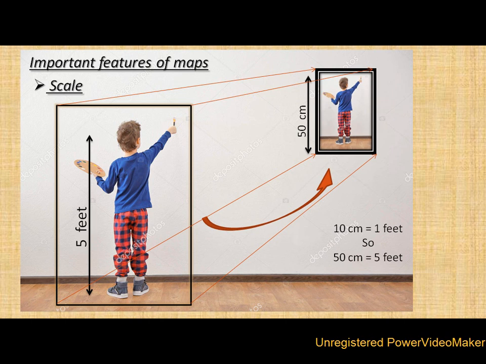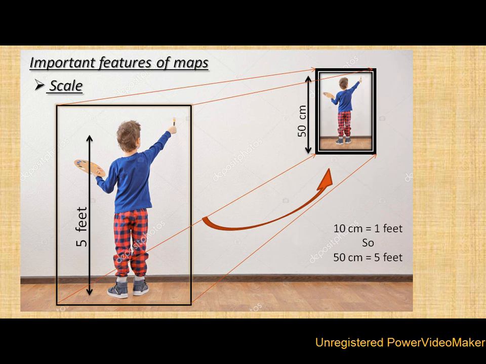In a wall frame, 10 centimeter of the wall frame can cover 1 feet of the boy's height. So within the frame we can show the boy's entire height, and the picture of the boy's height is fixed within the wall frame.